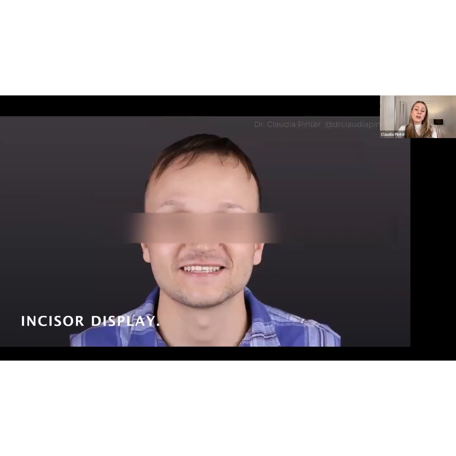But usually we're faced with the teeth hiding underneath the lip. So like in this patient, he's not showing 100% of incisors. He's showing just half of the tooth. And this has a great impact on appearance.